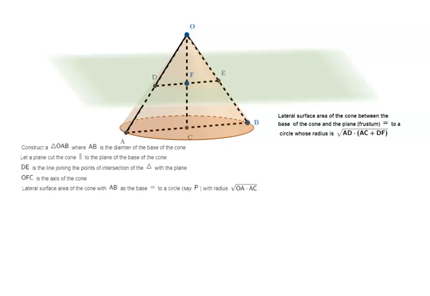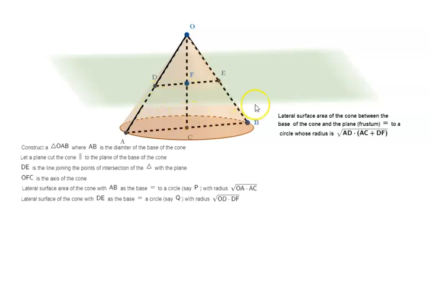Now, that's not the only cone we have. We also have a cone if we ignore the bottom part, if we only look at the top part of the cone. So lateral surface of the cone with DE as the base is equal to a circle, say Q, with a radius square root of OD times DF.